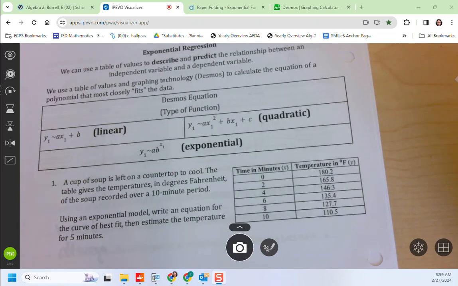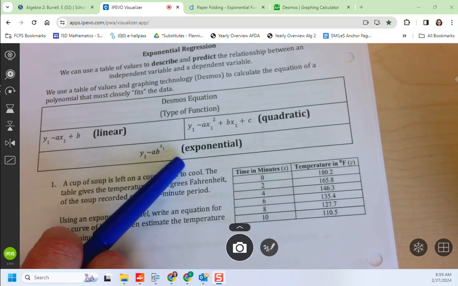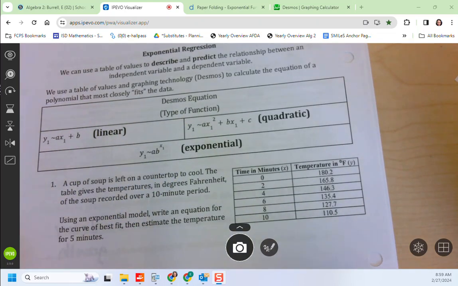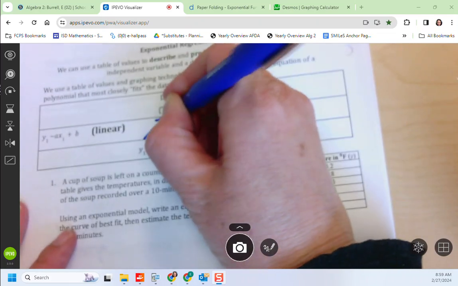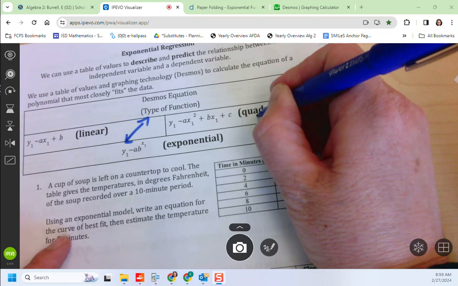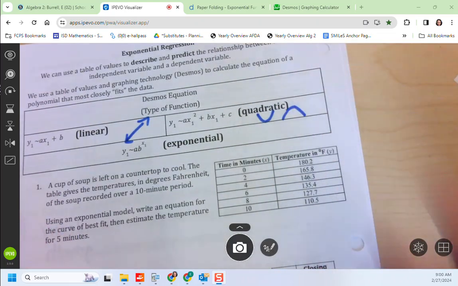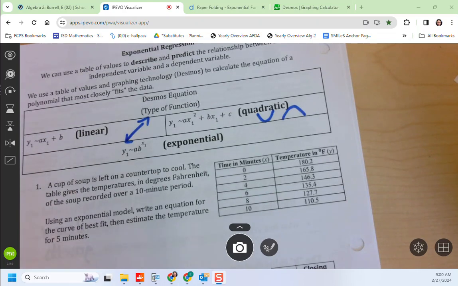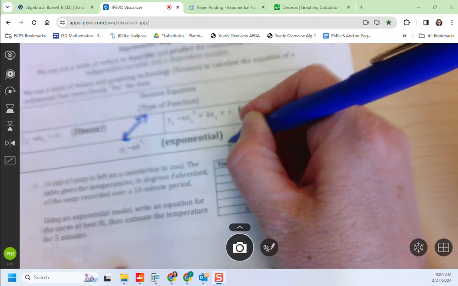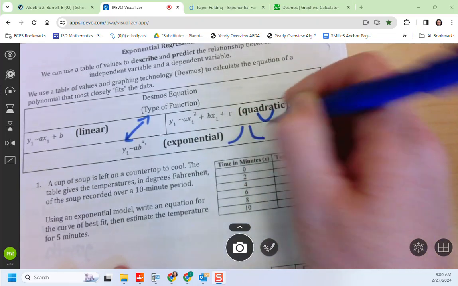So 3 kinds of regression that we've learned about are linear, quadratic, and exponential. If your graph makes a linear shape, you might do a linear regression. If it makes a quadratic shape, which could be a parabola that opens up or a parabola that opens down, then it could be a quadratic regression. And if your data makes an exponential shape, either exponential growth or exponential decay, it's going to be an exponential shape.